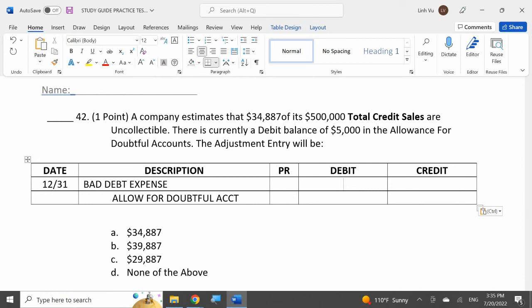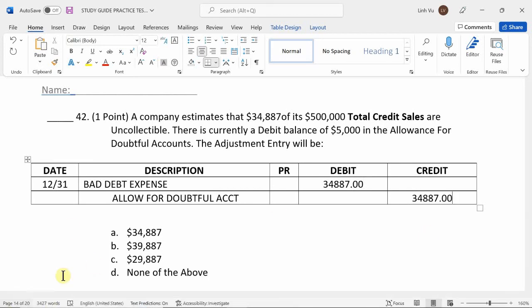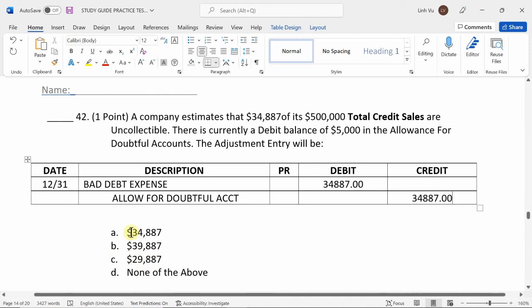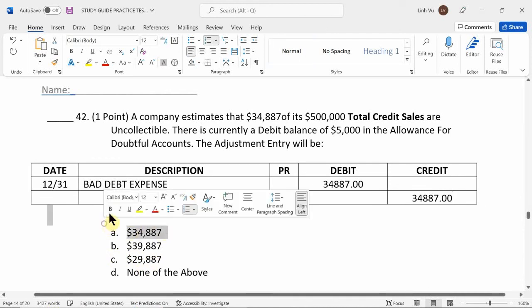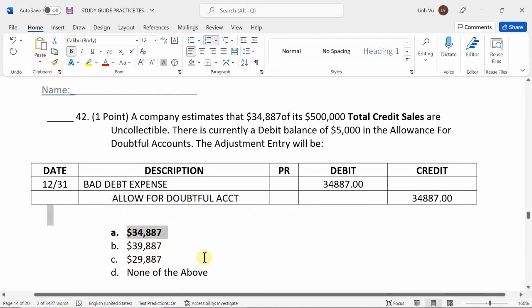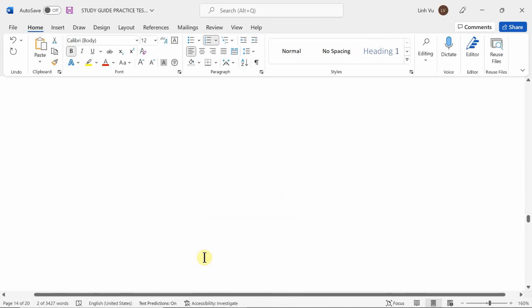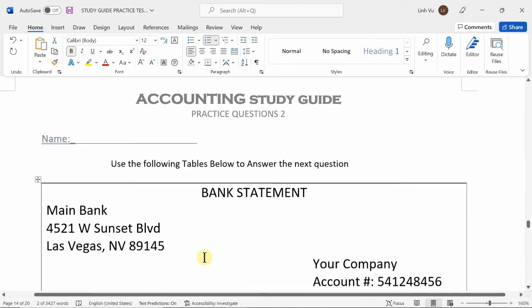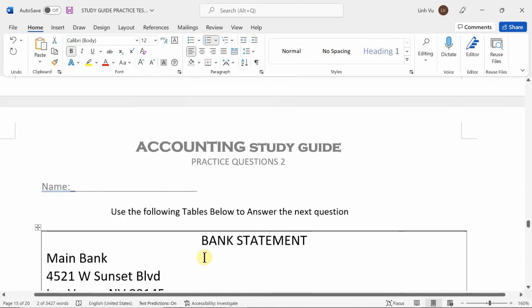You never adjust for the allowance for doubtful accounts if it's total credit sales, because it's the income statement method. And so it would be the 34,887. Good, right? Because in this case, again, the allowance for doubtful accounts does not affect the income statement whatsoever. So in this case, no changes there, right?